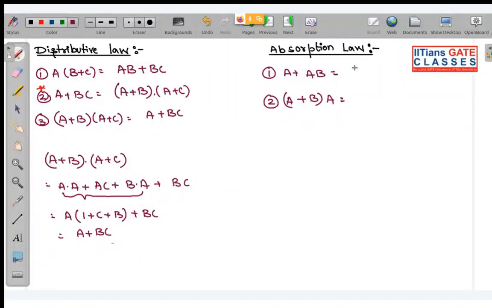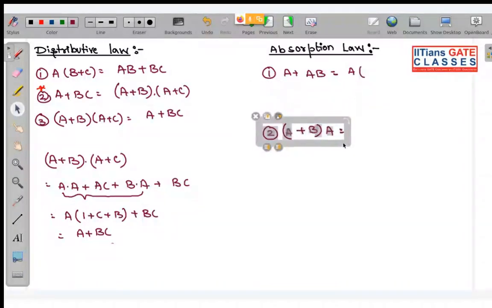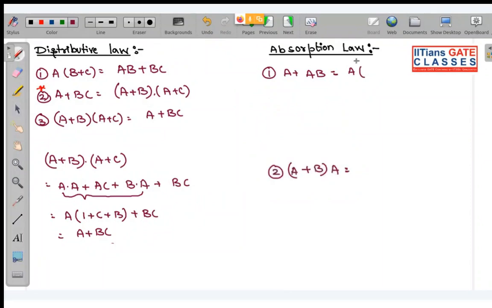So if you take A common, this will be A times 1 plus B, which is A. What about this one? This will be A dot A plus AB, so again you get A plus AB. If you take A common, this will be 1 plus B, and you get A once again.